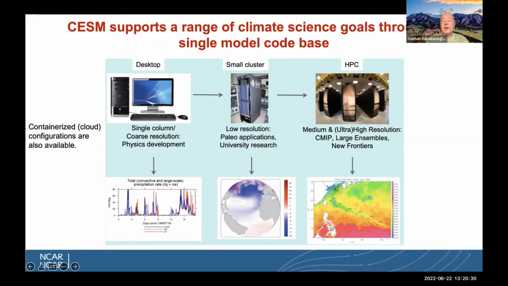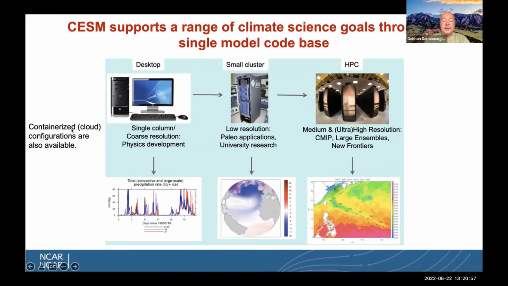And of course, at the other end, we have what we call medium or high resolution or ultra high resolutions of CESM available. They can be run on various HPC systems, and application areas could include, for example, CMIP simulations, large ensemble simulations, or so-called twin Earth or digital Earth experiments.